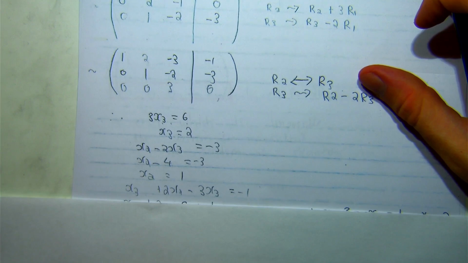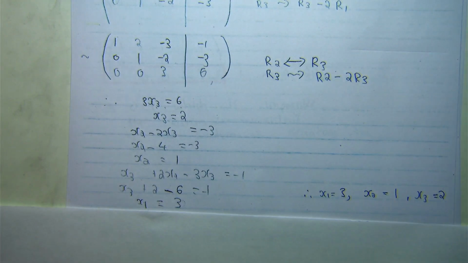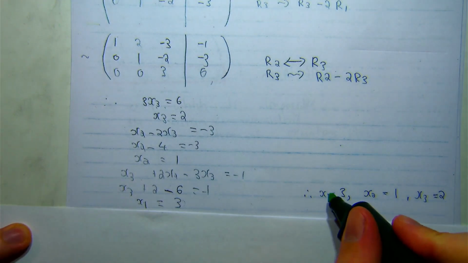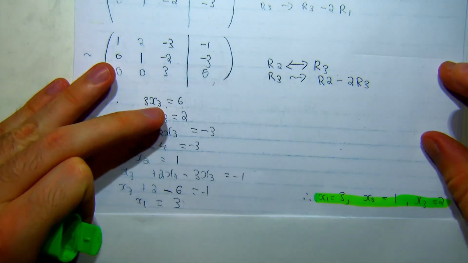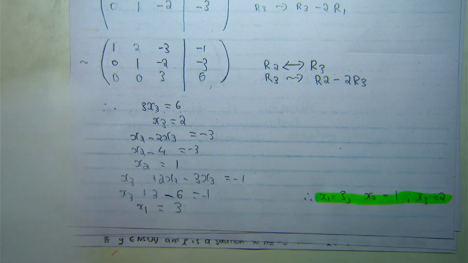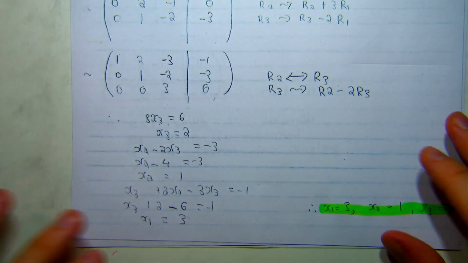And then the top equation tells us that x1 is equal to 3. So our final solution is given here on the right, where x1 is equal to 3, x2 is equal to 1, and x3 is equal to 2. All right, so that's an example of Gaussian elimination in quite a simple context.